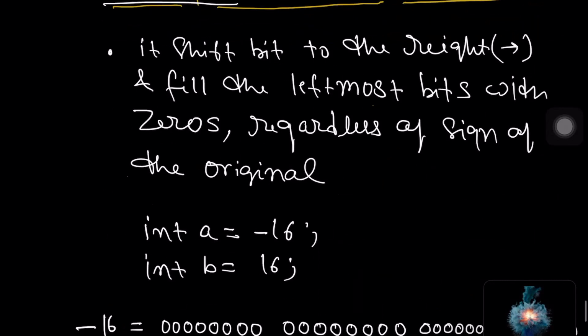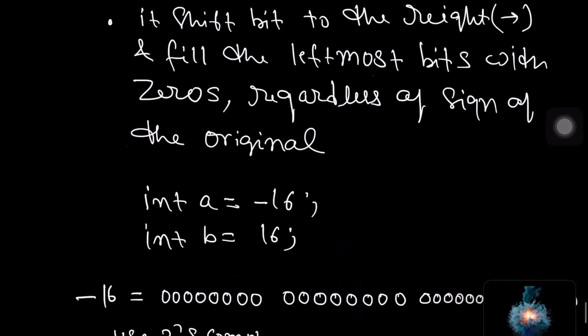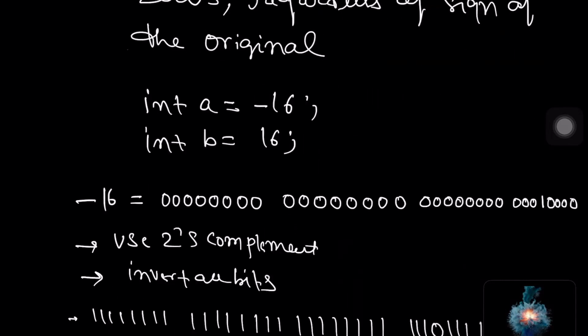So it shifts the bits to the right and fills the leftmost bits with 0 regardless of the sign of the original. I have taken int a equal to minus 16, int b equal to 16. Int b is pretty straightforward. I don't have to say anything, just convert it to binary and perform the shift that you want.